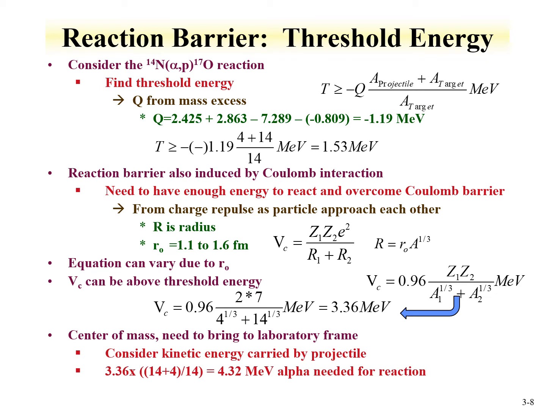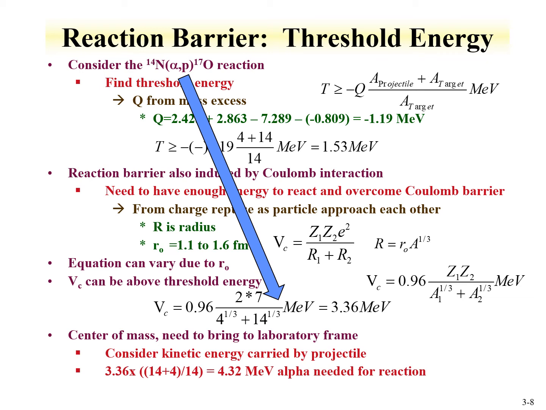So we can take this term and put in our terms, the terms coming from our Rutherford reaction, where we get the Z's and the A's, and we see that the Coulomb barrier is equal to 3.36 MeV.